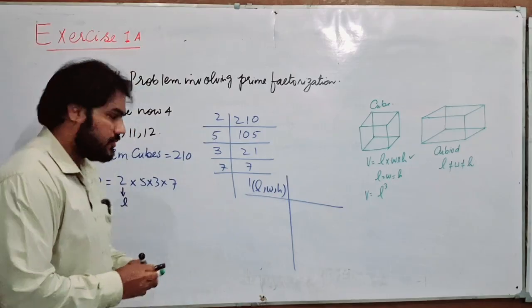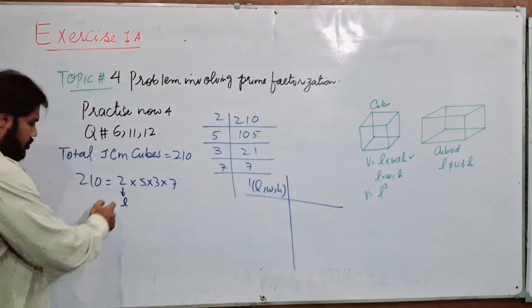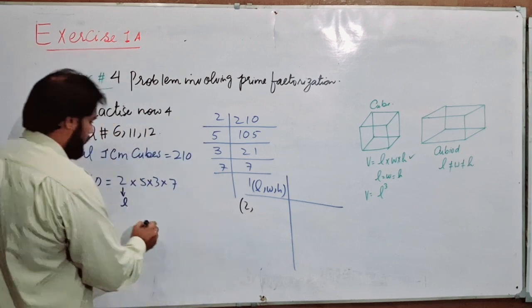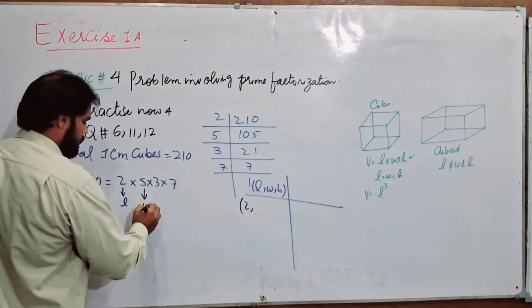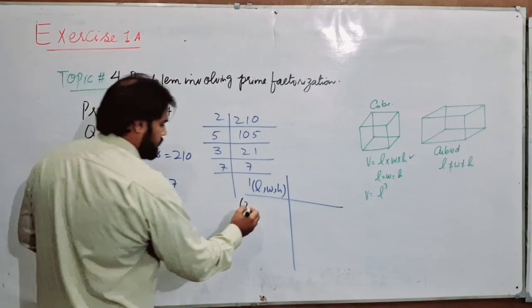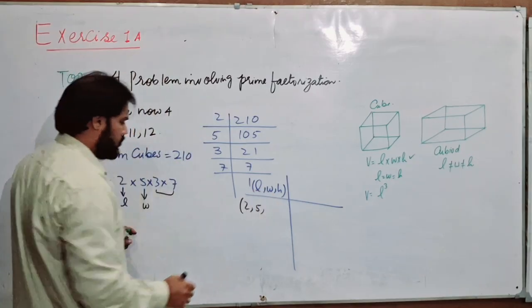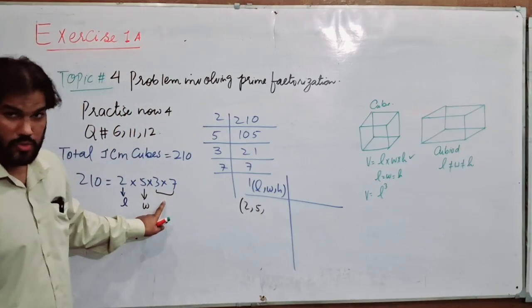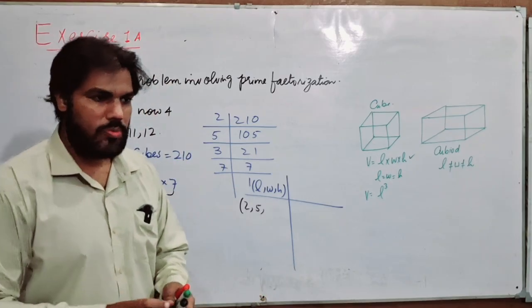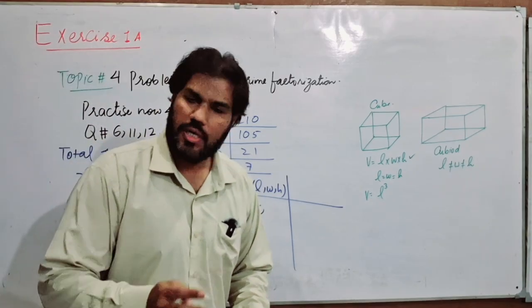If my length is 2 and width is 5, then height will be the product of the last two, because the volume of a cuboid involves only 3 numbers: length, width, height.